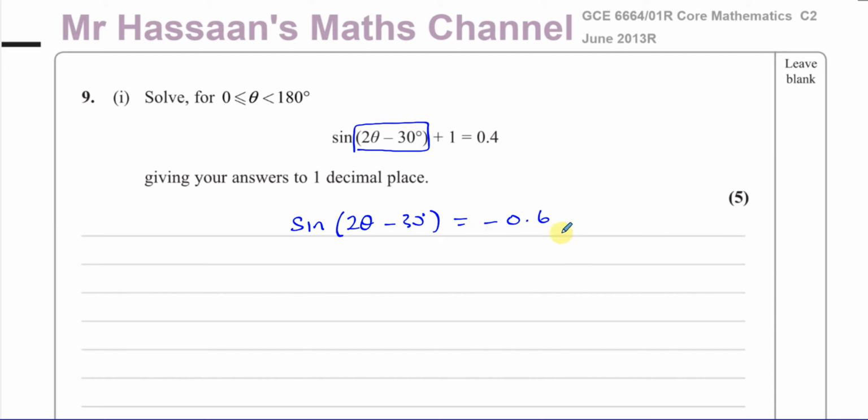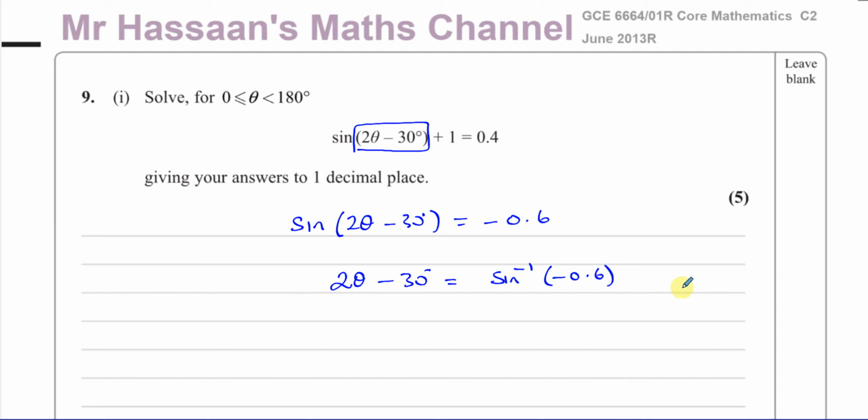Now we take the inverse sine of both sides, so this side is left with 2 theta minus 30 degrees, and this will be inverse sine of negative 0.6.